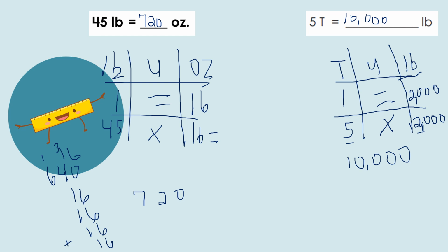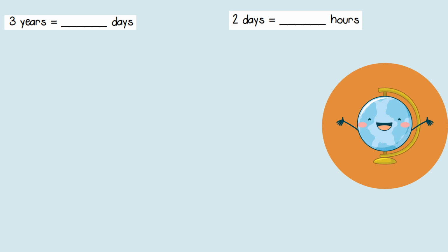All right. Next. Now, these should be more familiar to you, but they're also in your conversion chart as well. So 3 years is equal to blank days. So I'm trying to convert years into days. Start in the middle. My units equal and multiply.